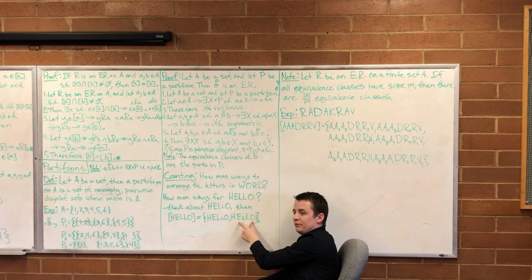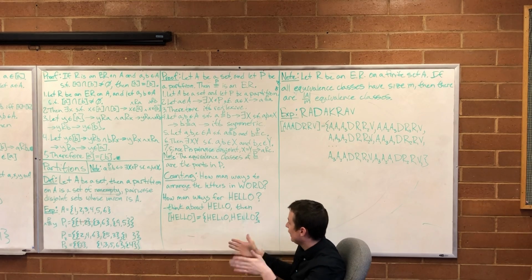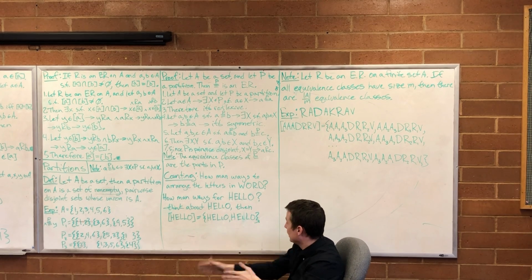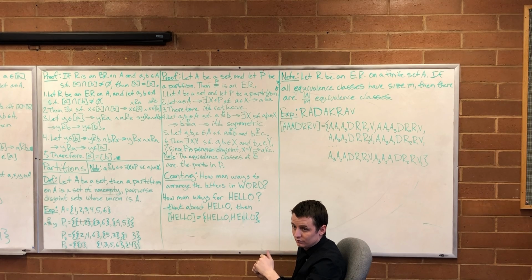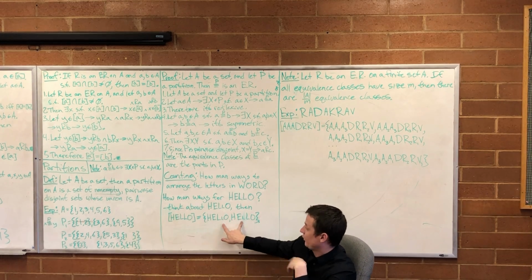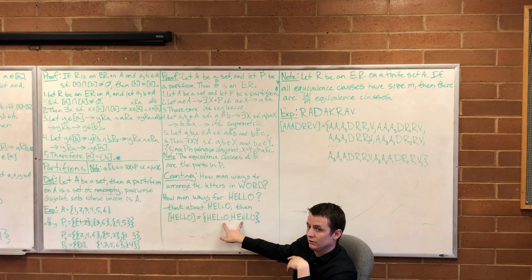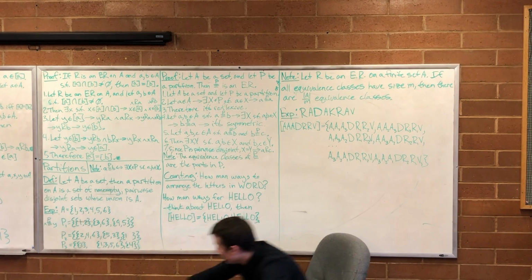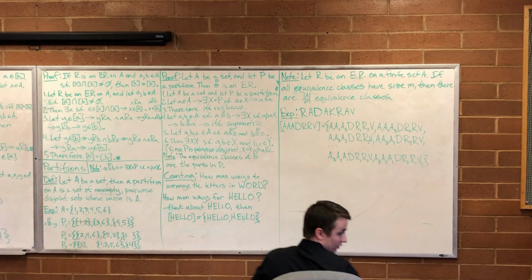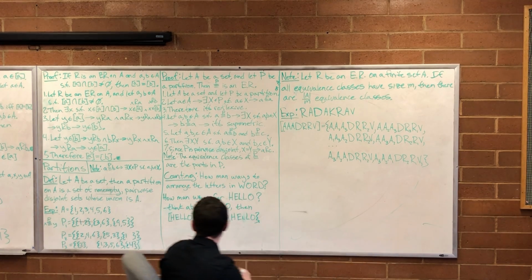Did I lose you on that? No. So I'm taking all the words and putting them into equivalence classes. You with me? Every equivalence class is going to have exactly 2 elements in it. For any arrangement of letters you give me, so someone give me an arrangement.